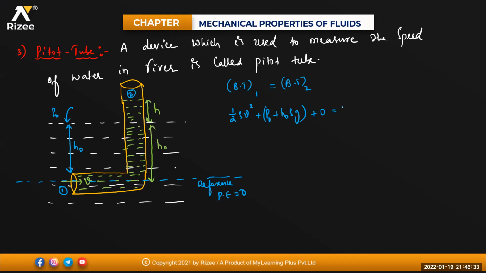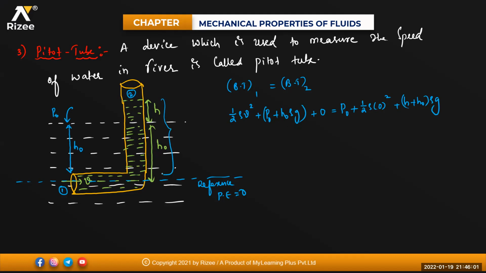That will be equal to the atmospheric pressure P naught plus, now the liquid will come to a certain height and velocity will become 0, so half into rho into velocity becomes 0, because it will rise to a certain height and stop there. Plus potential energy will be equal to how much, beta? H plus H naught into rho into g, because the total height to which it has been raised is this much height.